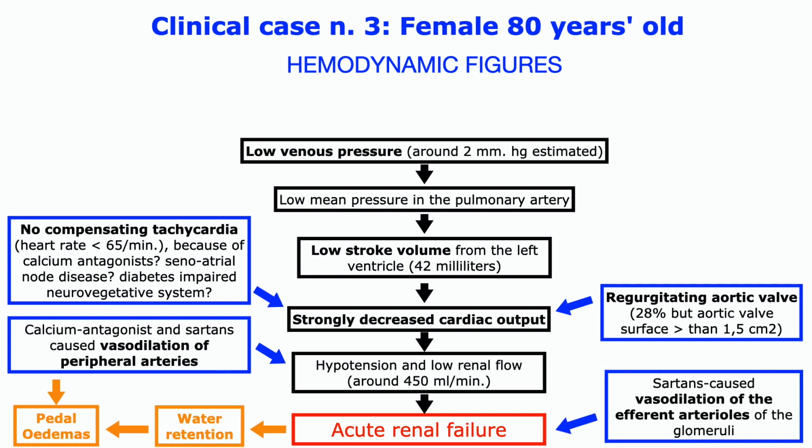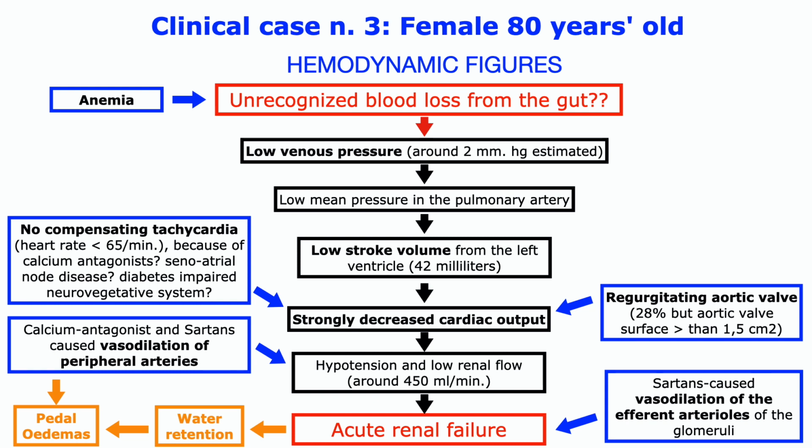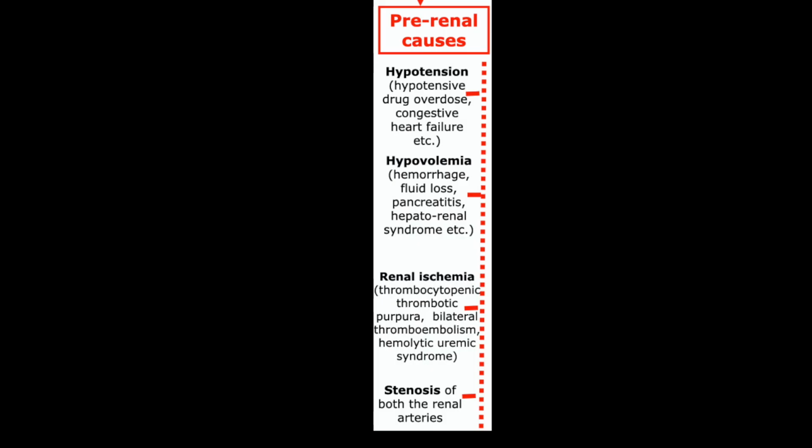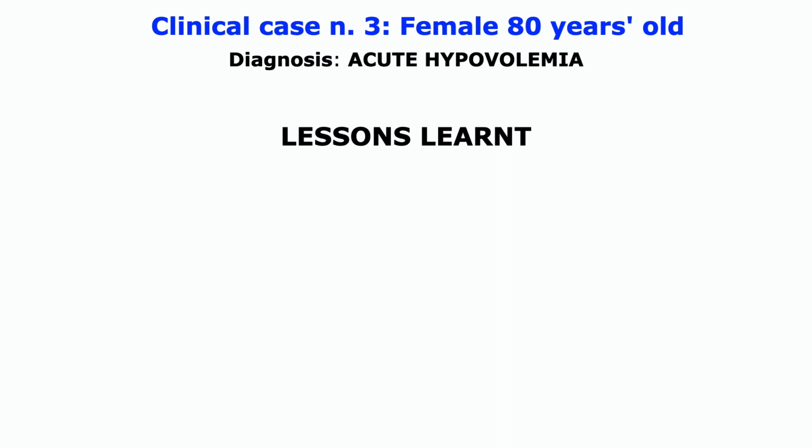The fact that anemia had also worsened was the clue that an unrecognized blood loss had occurred from the gut. Furthermore, when investigated purposely later, no blood loss was evident from the feces. However, the patient's parameters, serum creatinine, hemoglobin, blood pressure, had been recovering spontaneously within 1 month's time.